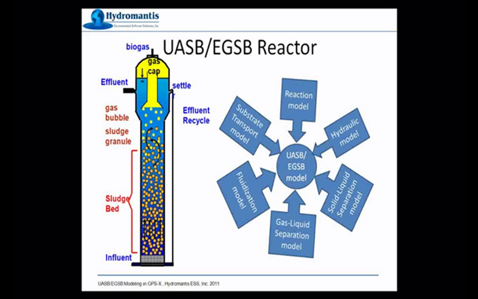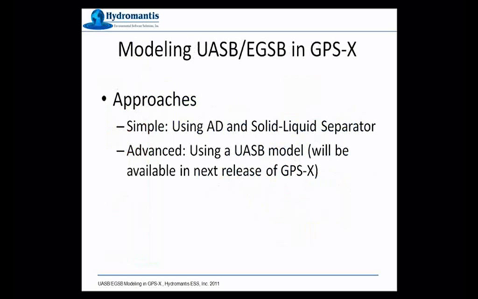So in GPSX, we can take two approaches. One is a simple approach in which we use an anaerobic digester object and a solid liquid separator, from which we can separate the solids and bring them back to the anaerobic digester.